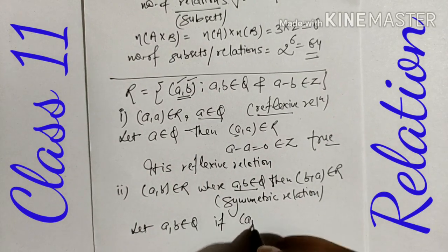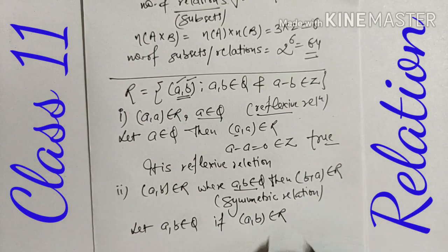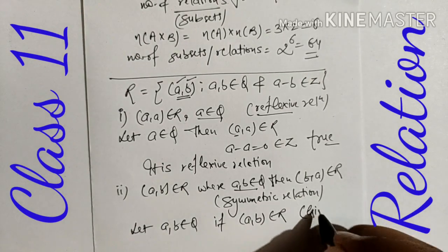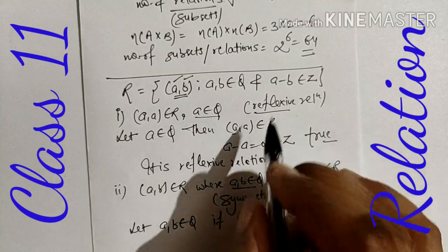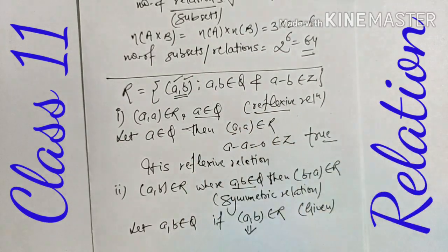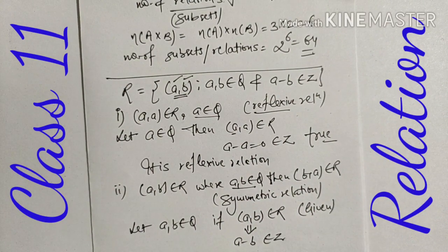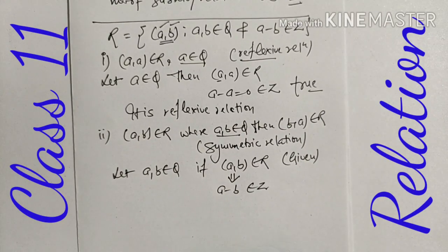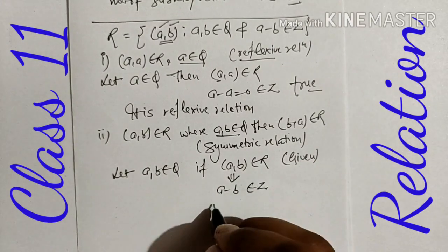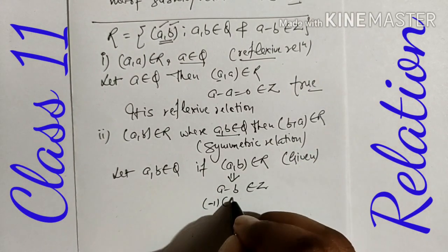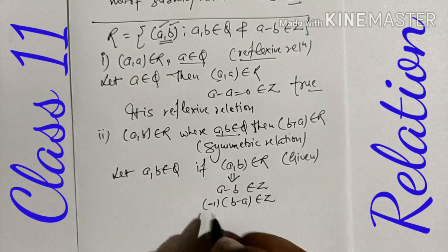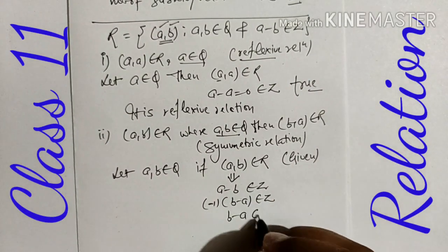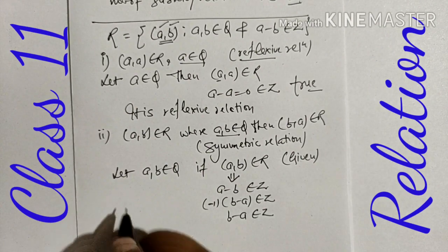Here we are given that (a, b) belongs to the relation and we have to prove its reverse, (b, a), belongs to the relation. According to the condition, first element minus second element should be an integer. If we take a negative common, meaning minus 1, it becomes minus of (b minus a), which belongs to integers. If we remove the minus, b minus a is also an integer.